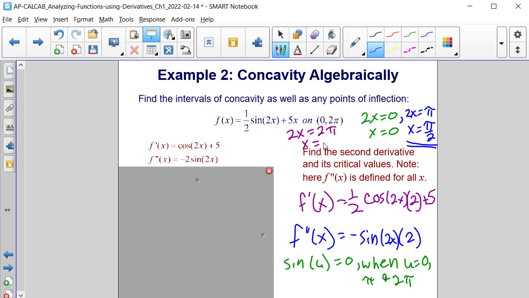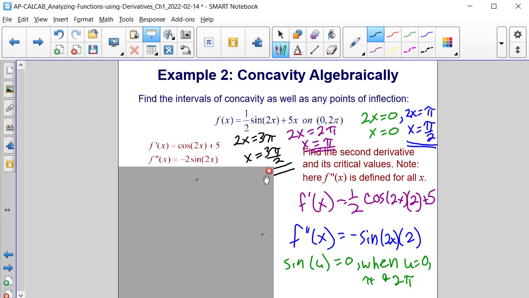Solve for x, x is going to be just pi. That still fits within our interval. It could still happen. Let's go one more. We can also have 2x is equal to 3 pi. So x would be 3 pi over 2.